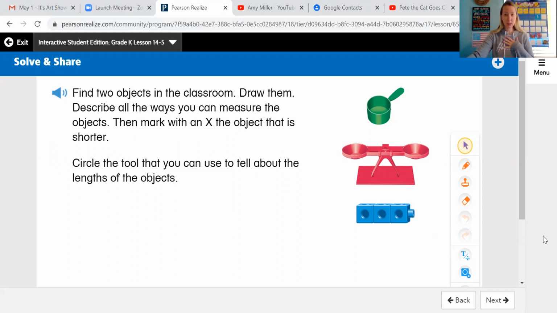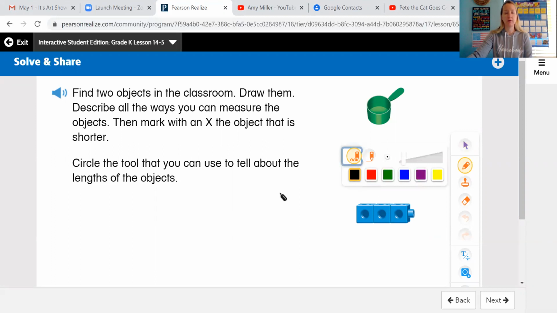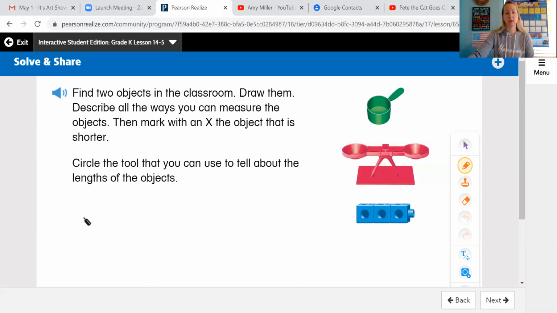I am going to go ahead and pretend that I am in our classroom, and I am going to draw my first object that I am finding, a can of Play-Doh, or a jar of Play-Doh. So here's my Play-Doh.